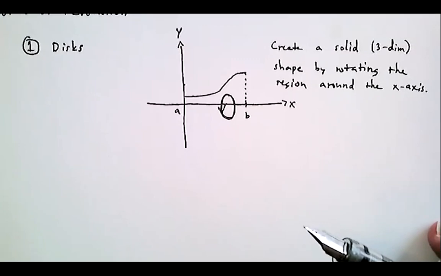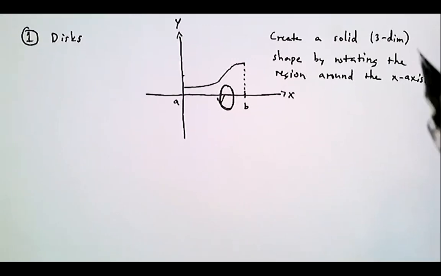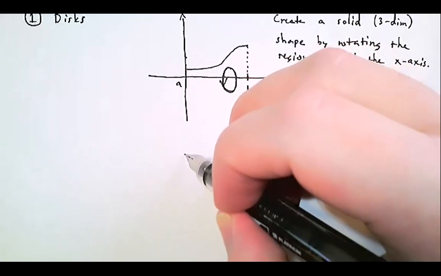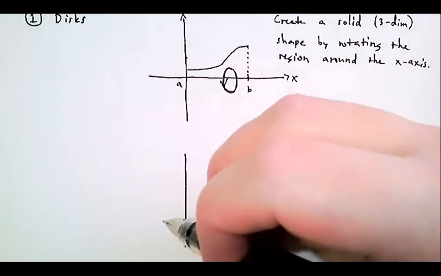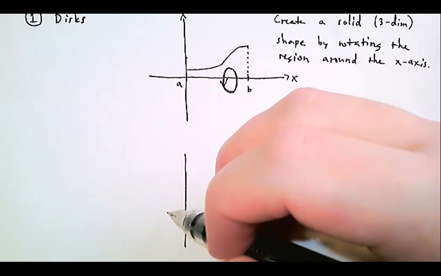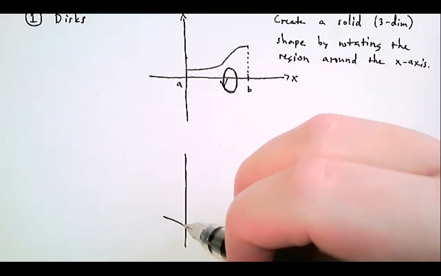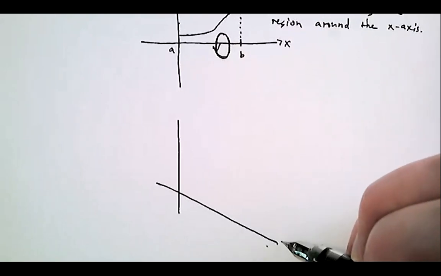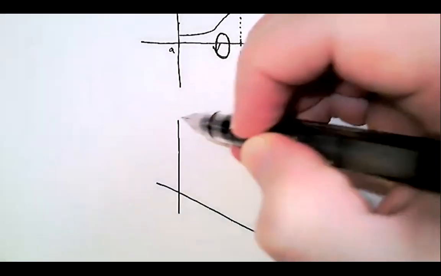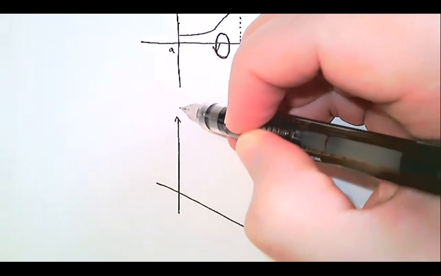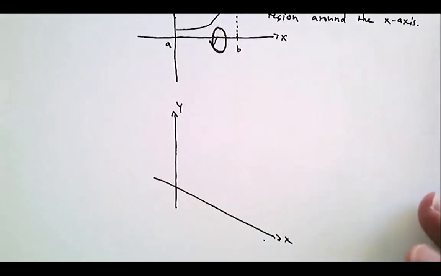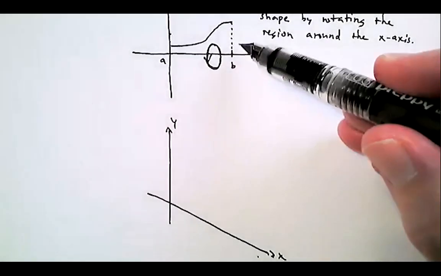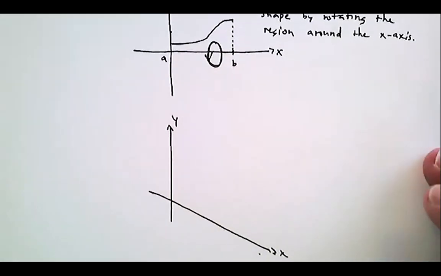So let's see if I can draw a picture of what we get. This is now going to be three-dimensional, so I need to draw in perspective if I can. Here's my x-axis and my y-axis, but now it's tilted up and out of the paper. And what we make is kind of like a trumpet bell.